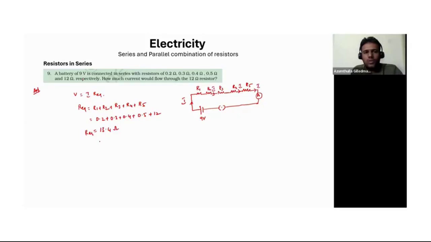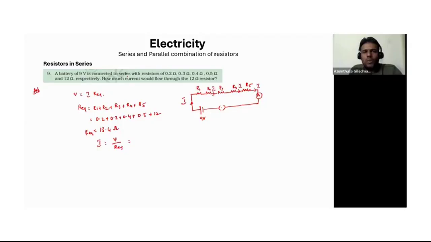Then what is the current? V equal to IR, that means I equal to V by R equivalent. Is this correct, guys? 0.2 plus 0.3 is 0.5, plus 0.4 is 0.9, plus 0.5 is 1.4, plus 12. Is that 12 or 1.2? Yeah, it's given as 12. That's fine.